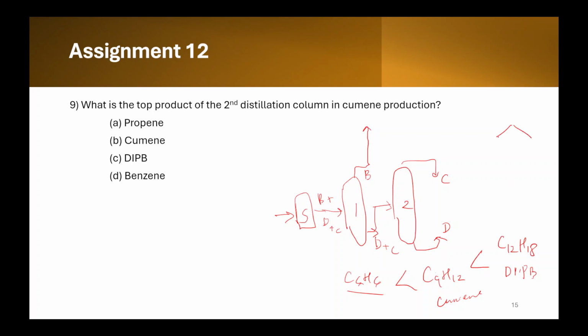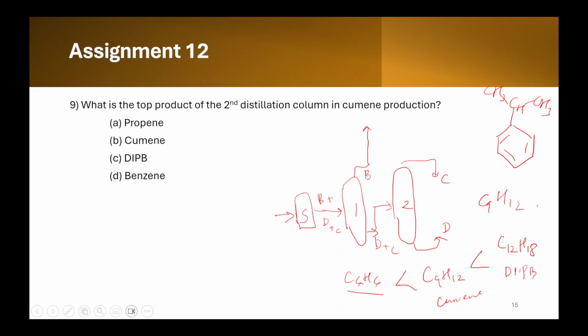And for cumene, so we have C6H5, C6, and again plus C3, so C9, and you have H5 already from this benzene ring, and these are H7, so H12 only, so C9H12.